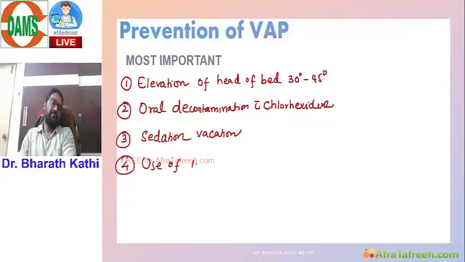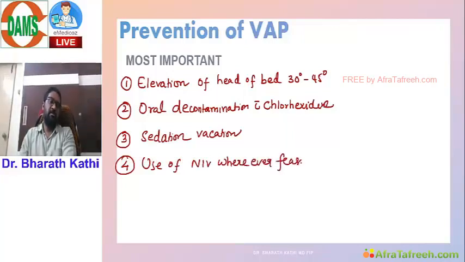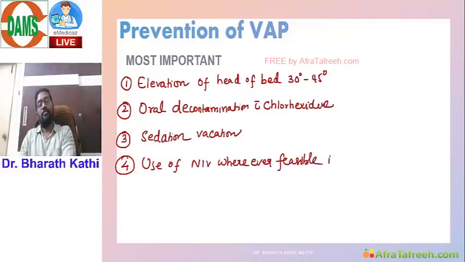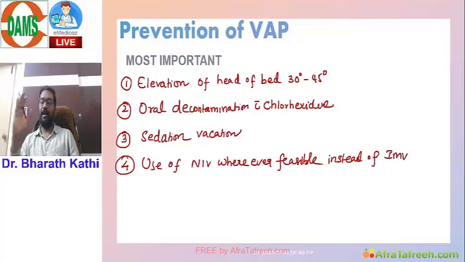Use of NIV wherever feasible instead of IMV. Now these are the 4 methods with high level of evidence known to reduce ventilator associated pneumonia.